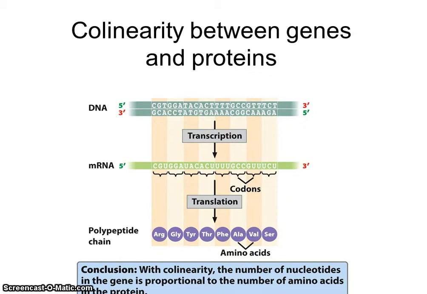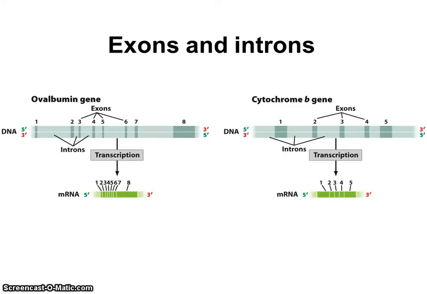The idea of this direct correlation is colinearity between genes and proteins. The reason that we don't have colinearity between genes and proteins in eukaryotes is that there are exons and introns within gene structure, which mean that there are potentially large portions of the gene that are transcribed but are not translated.